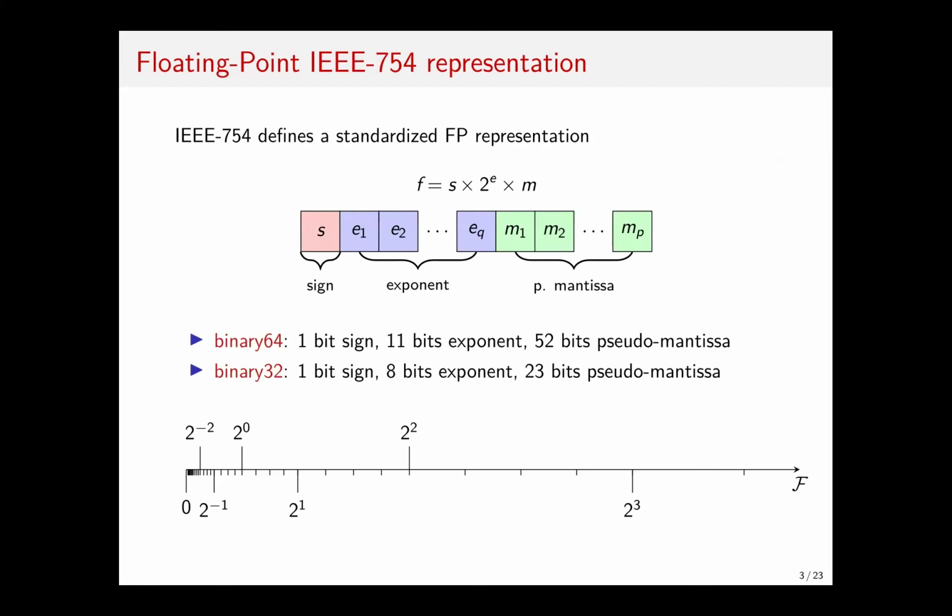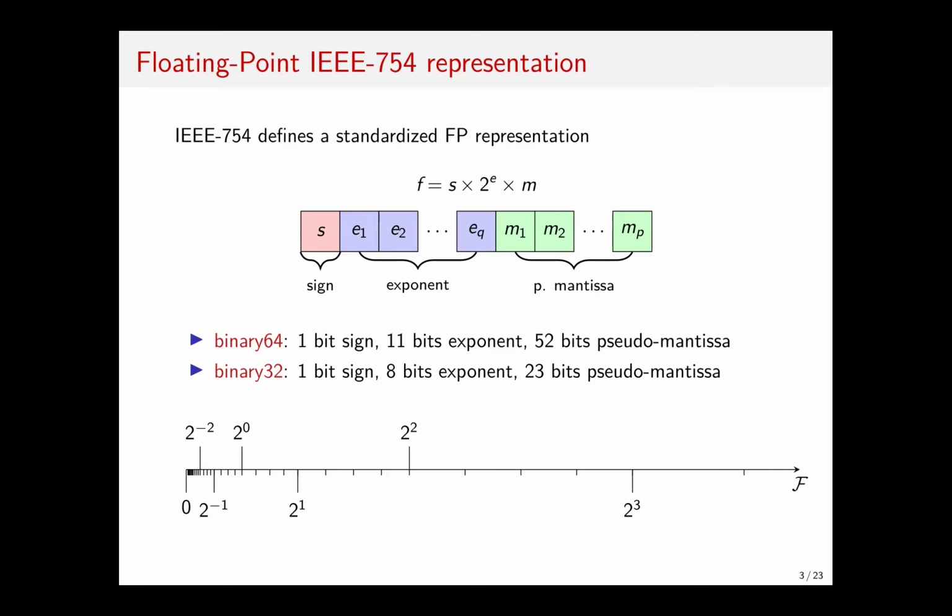Okay, so I'm going to start with a quick presentation of the IEEE 754 floating point representation. We have a standard representation that is very close to the scientific notation we learned at school. A number is defined with a sign, an exponent, and a significand. The two most common formats are binary32, which is usually called float, and binary64, which is usually called double.